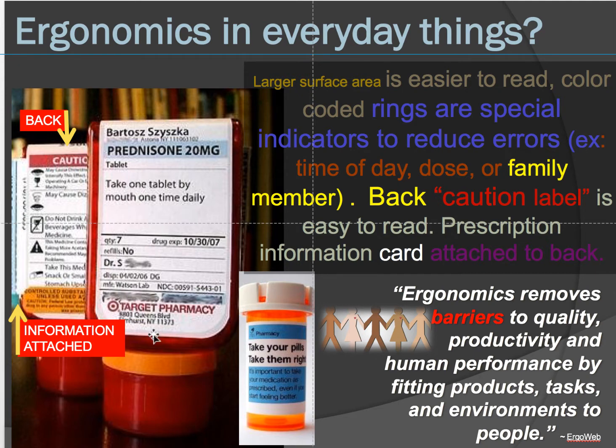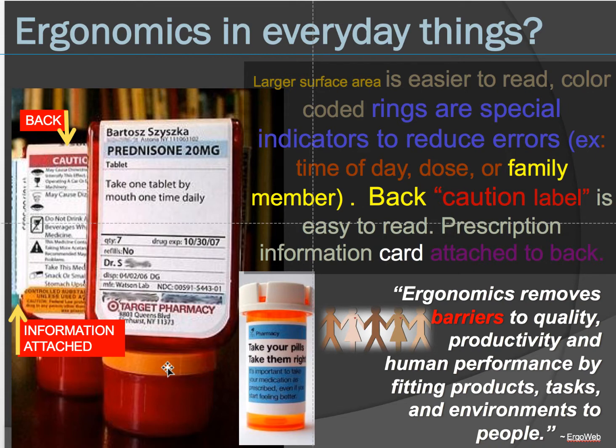Also, the really neat thing that she did besides making the font bigger, able to read from a standing position, which usually you're doing, you're above your prescriptions, is that you can see the precautions are listed on the back instead of where they put the different stickers on the medicine bottle, and sometimes it covers up some part of that prescription that you may need to read, like the name or the dosage. But also that you can put these different color rings on. So this one's orange. It could be orange for the grandpa, and then green for the grandma, and blue for the children, and then you're less likely to make the mistake.